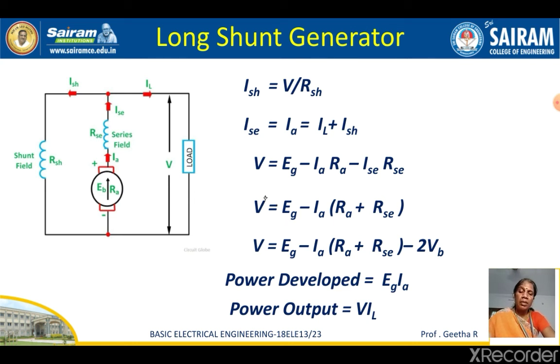So the terminal voltage V is equal to the generated EMF EG minus IA into RA plus RSE. When the brush voltage is included, this can also be written as V equal to EG minus IA into RA plus RSE minus 2VB. Power developed here is EG into IA. Power output is nothing but V into IL. That's all about the long shunt generator.